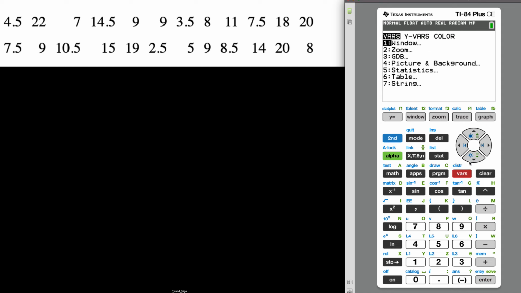Z interval, T interval for means, if you're calculating a confidence interval for a population mean, whether sigma is known or unknown. And those are the only two where you have to worry about data versus stats. And then stat, tests, and then down to 1-PropZInt if you're doing a confidence interval for a proportion. And that is it.